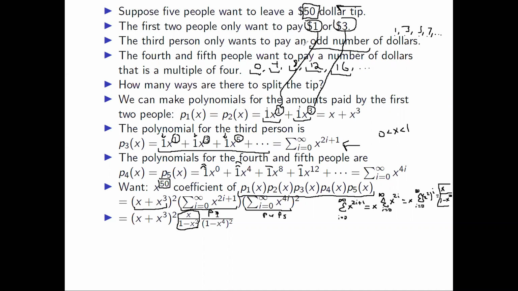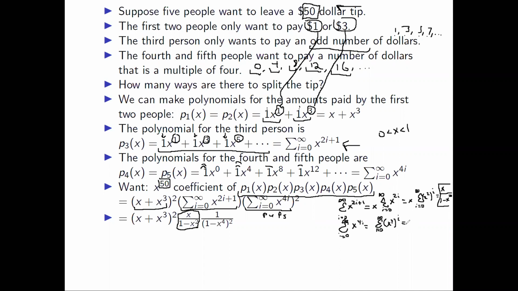And this last term right here, this 1 over 1 minus x to the 4th quantity squared, we can see that the sum i equals 0 to infinity of x to the 4i, we can write that as the sum i equals 0 to infinity of x to the 4th raised to the i.